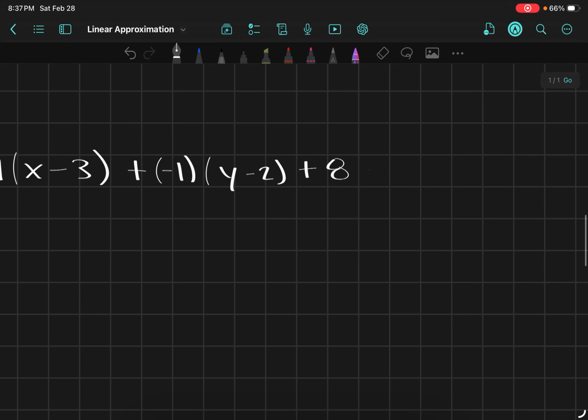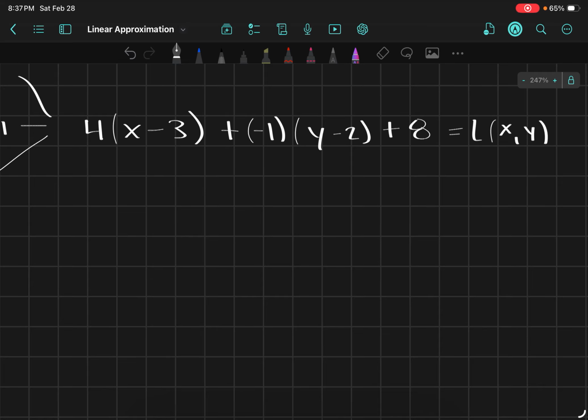That's going to equal our linear approximation, well, I guess we'll keep it xy. I was almost hesitant to do that because this is the linear approximation at the point (a, b), but we'll just keep it xy.